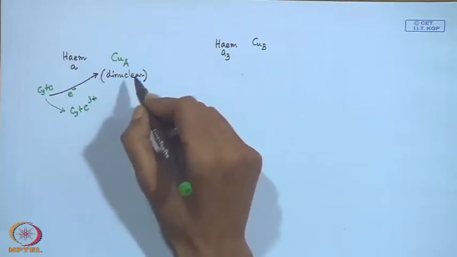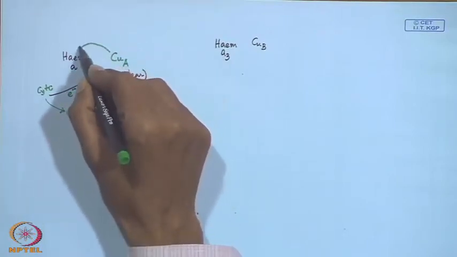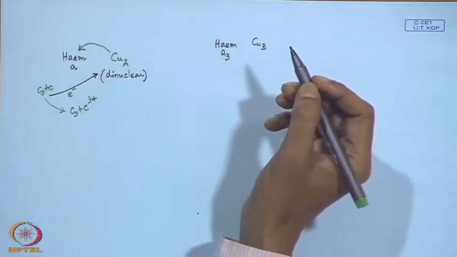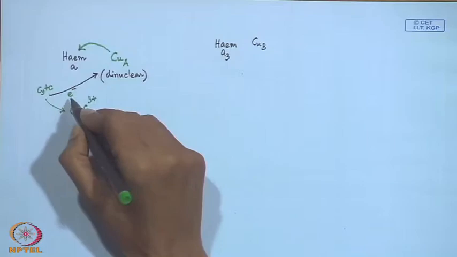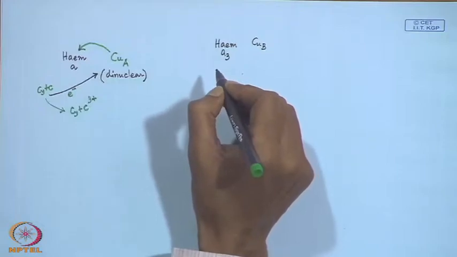So, when it gives that electron, and that electron goes to the heme A site, if you can get one after another, that means you need not only a single electron transfer, but you need 4 electron transfer to the cytochrome C oxidase site.